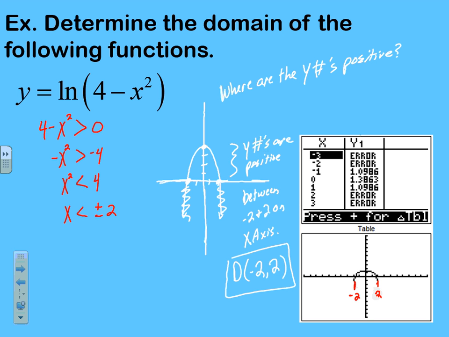Okay, so how does that tell me for sure what the algebra approach is going to do? Okay, so let's look at a number line. So number line, here's 0, here's 2, here's -2.